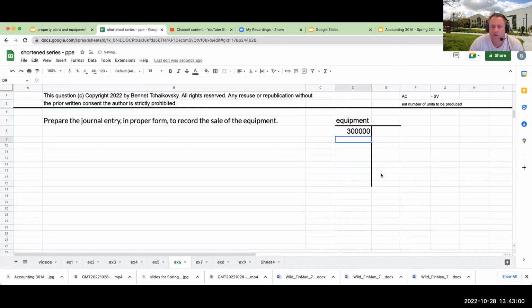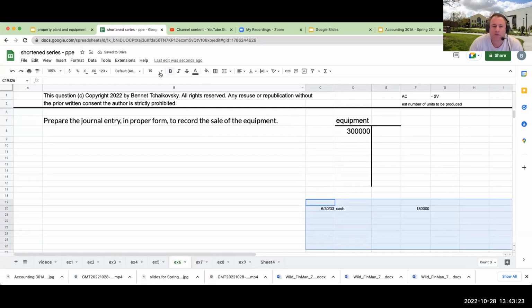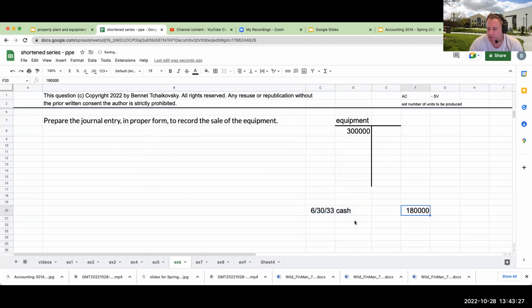In terms of doing the journal entry, and this is something you're going to want to memorize, I'm selling this on 6/30/33. I know that I'm going to be receiving cash. The amount of cash I'm going to be receiving is $180,000. So over here, I've got cash of $180,000.